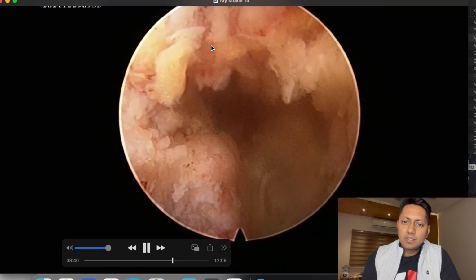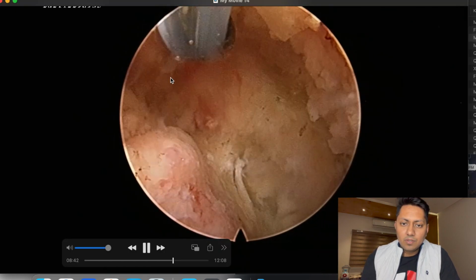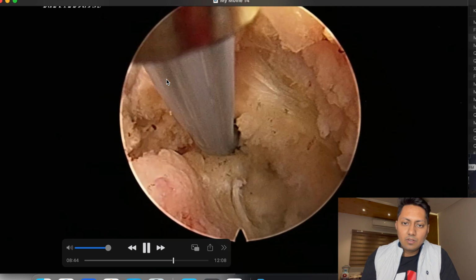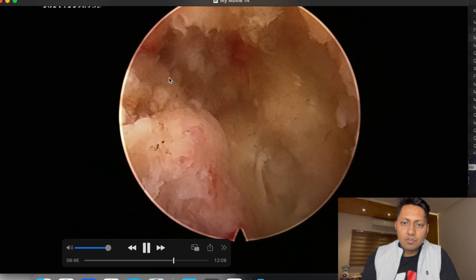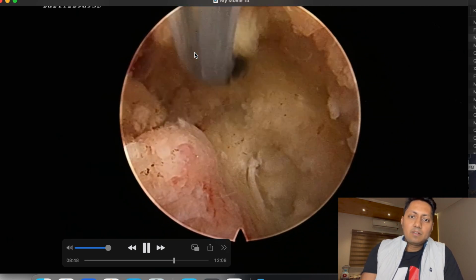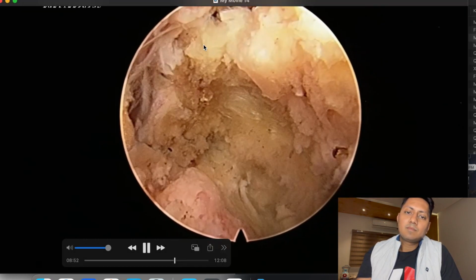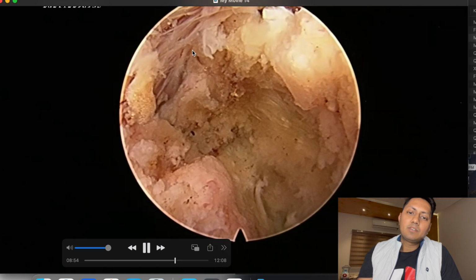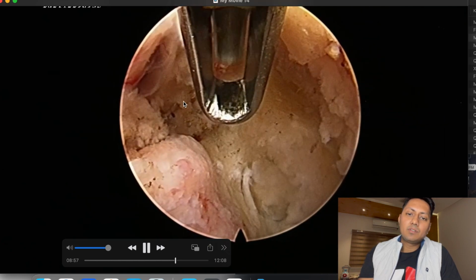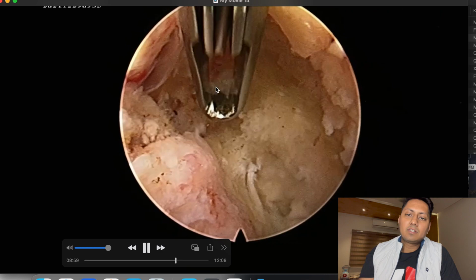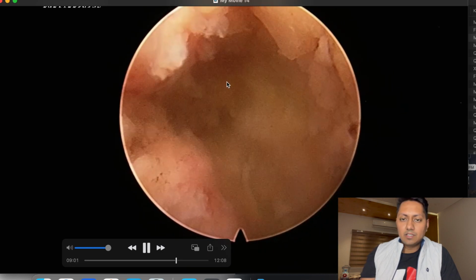So this is the traversing L5 nerve root, and I always try to achieve hemostasis before proceeding ahead. So you can see this is very well decompressed. The disc level, the traversing root is very well decompressed. Just some tissues are being removed by flexible annular cutter.